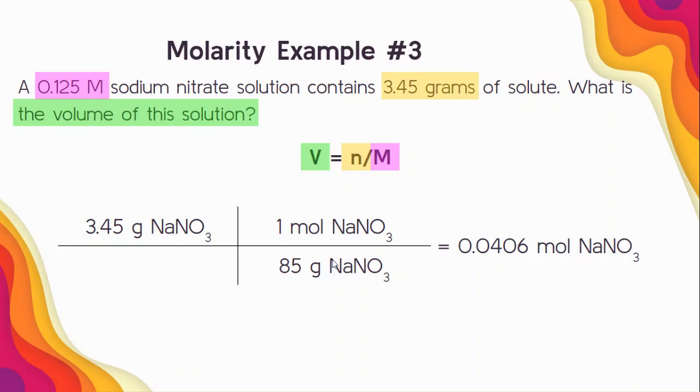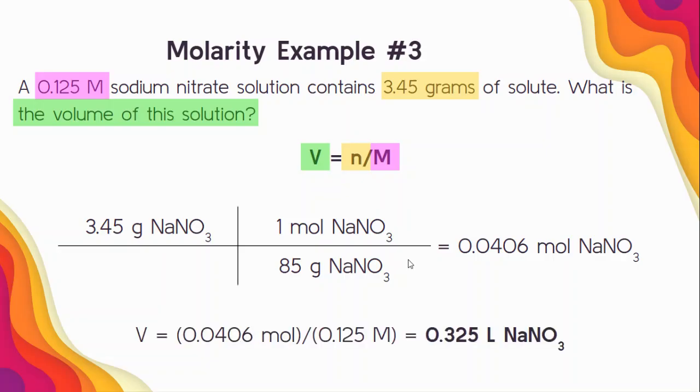We bring grams of NaNO3 diagonal down, figure out how many grams are in 1 mole of NaNO3, which is just the molar mass, should come out to be 85. When you do 3.45 divided by 85, you get 0.0406 moles of NaNO3, which we can then plug into the equation. We can divide that by 0.125 molar to get a volume of 0.325 liters of this NaNO3 solution.